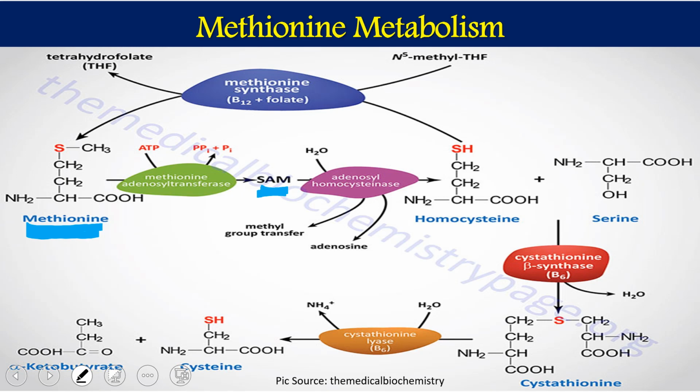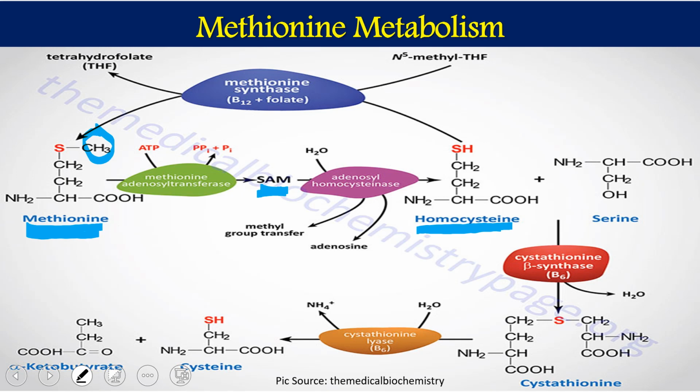This methionine is first going to be converted into SAM by methionine adenosyltransferase, and this SAM is going to be converted to homocysteine. So the methyl group which methionine has will be transferred from SAM. Now ultimately we have got homocysteine.